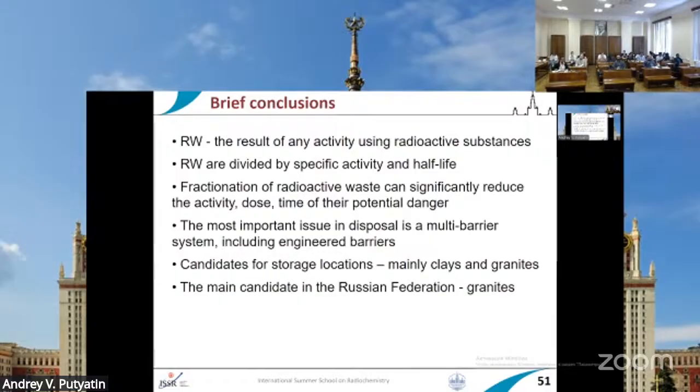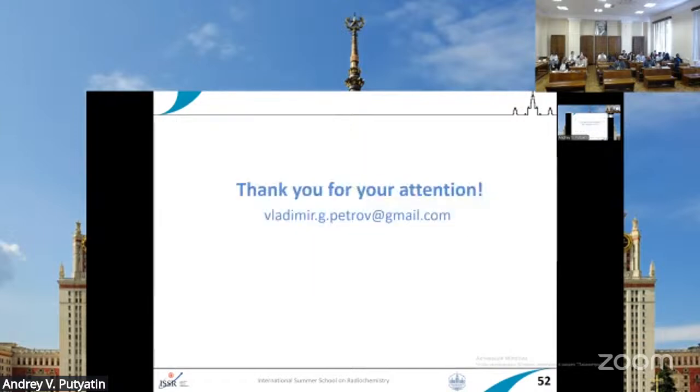The most important issue in disposal is the multi-barrier system based on natural barriers and engineered barriers. Today, the main candidates for storage or disposal locations are clays and granites, and in the Russian Federation, they are granites. So thank you for your attention.